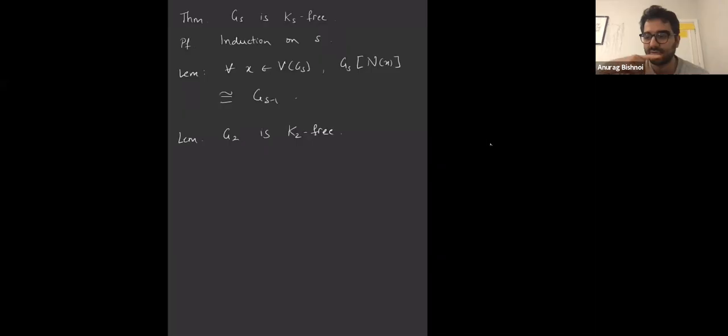G_3, for example, is K_3 free, because the graph induced on the neighborhood of any vertex has no edges, so it's triangle free. That's our approach. How do we prove that? Let's say this is lemma 1, this is lemma 2. Proof of lemma 1: as I said, I'm going to use vertex transitivity, so I can just pick some nice vertex. So let x be the following.